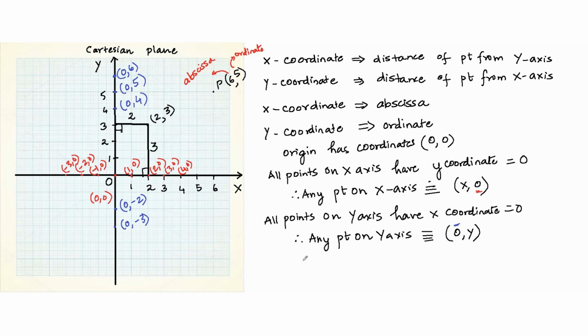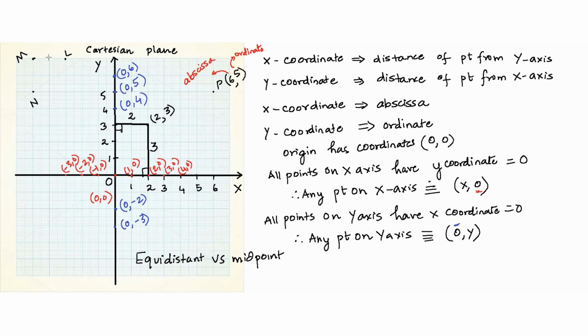Now let's understand the meaning of the word equidistant. Now equidistant and midpoint are two different terms. Let's understand the difference between them. When I say that there is a point, so let me mark a random point here. If you label this particular point as M, consider a point N which is 2 units vertically below it, and consider a point L which is 2 units to the horizontal of it.